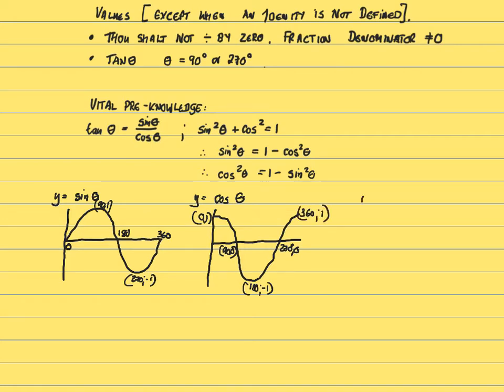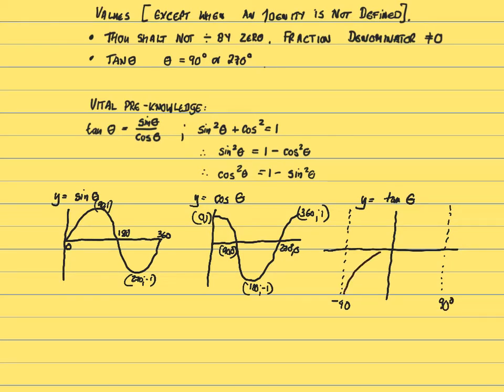And then y is equal to the tan of theta. Remember, when we're dealing with a tan graph, I'm just going to draw a complete graph from my asymptotes. So I'm going to start here at minus 90 and go up to 90, just to give us a full graph.